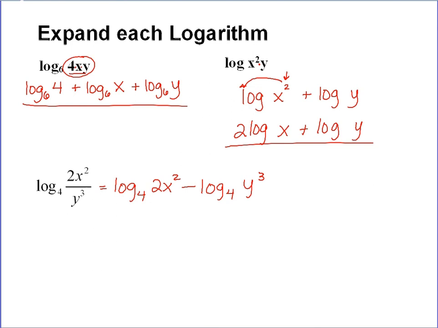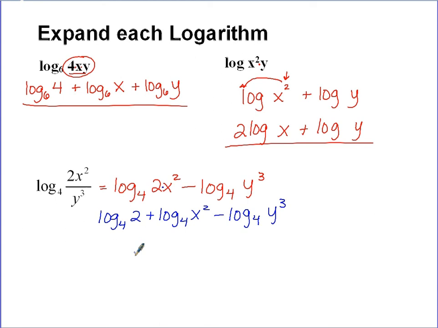Okay, so before I go any further, I notice there's a multiplication right there, so I can separate this first log into 2 different logs that are added because of the product property. So this would become log base 4 of 2 plus log base 4 of x squared, and I still have this minus log base 4 of y cubed. And it's separated to all different logs.